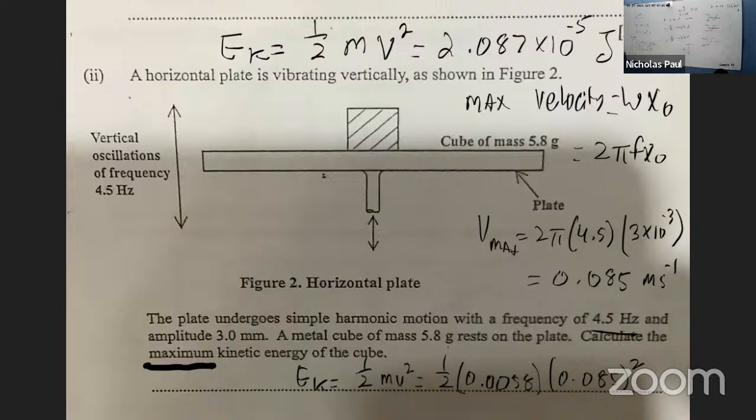I got 2.087 by 10 to the minus 5. So 2.09, you're probably wrong though. 2.1. No. Okay. 2.0.